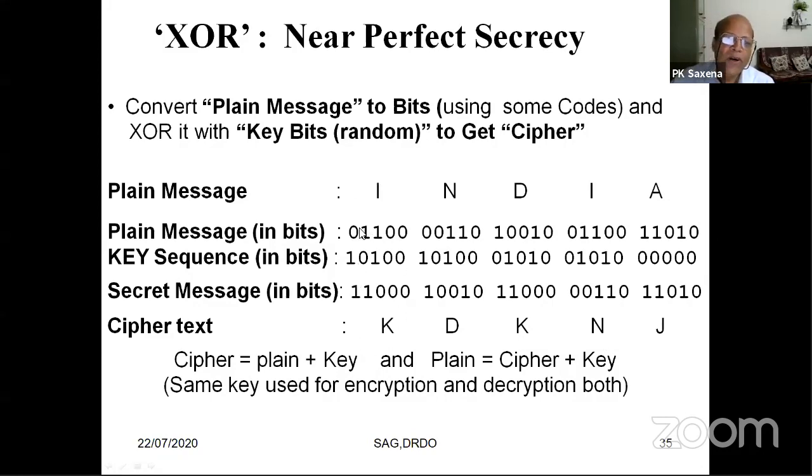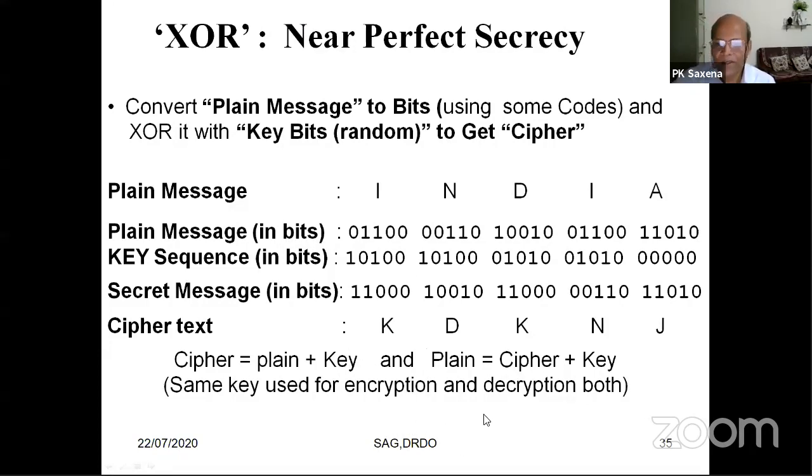So this XOR provides us near perfect secrecy if my key is never repeating and is random. Never repeating and random is a very tough constraint. Whether we can meet it in a practical scenario is a difficult thing. That's why we say that it is near perfect secrecy, not perfect secrecy.